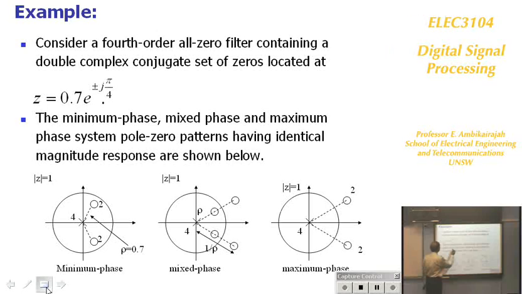Okay. I have a 4th order filter. It contains only zeros. So I plot the zeros, and I have got 2 zeros here, 2 zeros here. They're complex conjugates. And this distance is 0.7. What I do then is I take one of the zeros outside and reflect it.